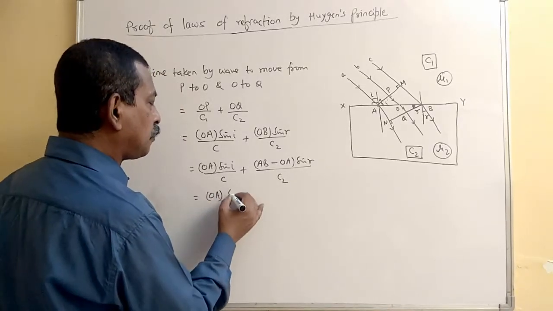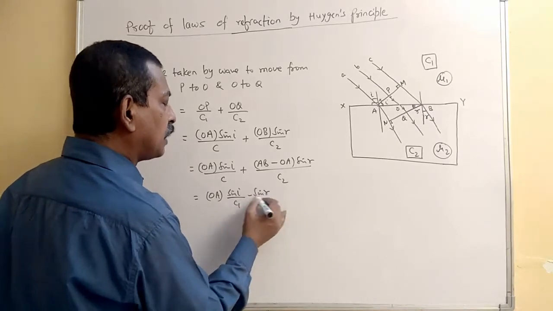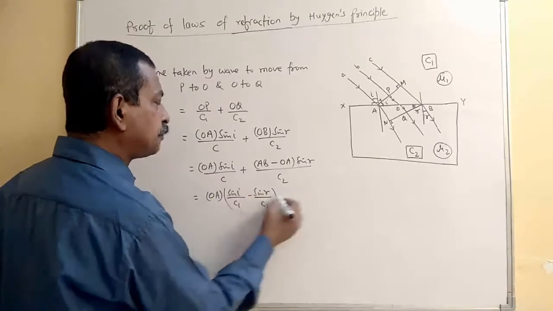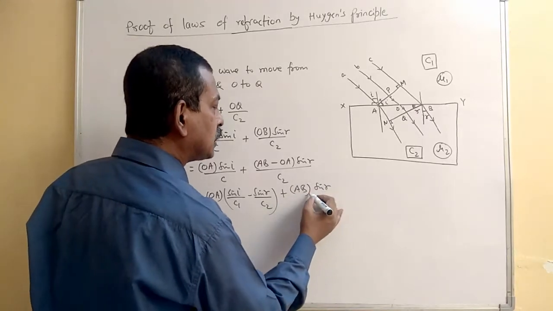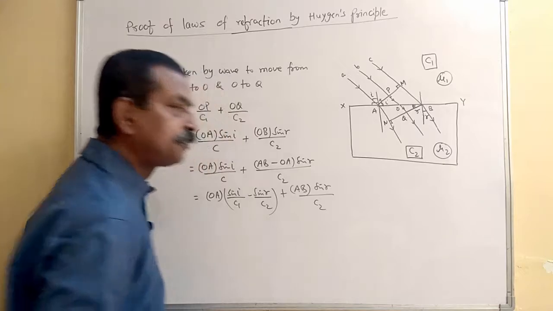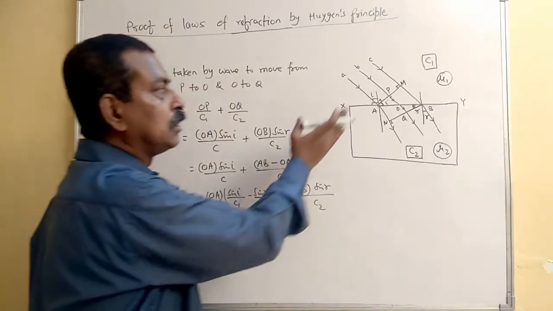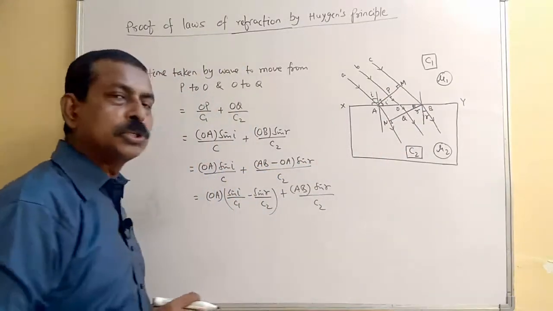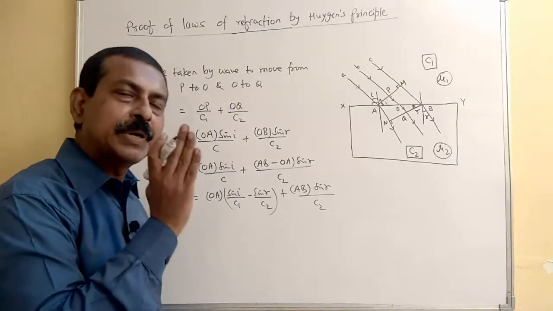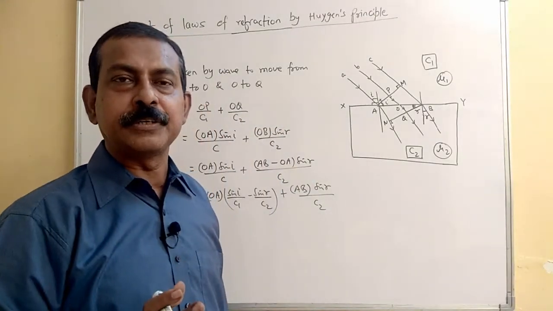So the time is OA sine I by C1 minus OA sine R by C2 plus AB sine R by C2. Now again, this is the time taken by the wave to move from O to P and O to Q. That means this is the time taken by the wave to move from the incident wavefront to the refracted wavefront.